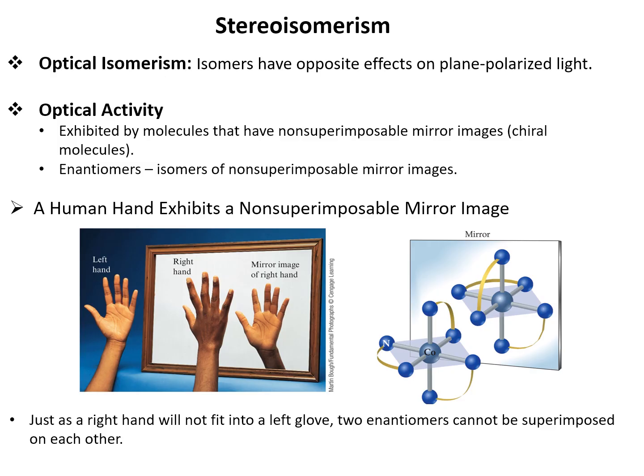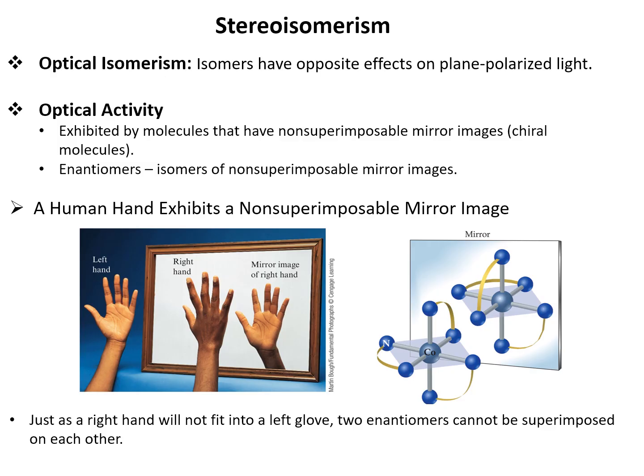Optical isomerism occurs when two structures are mirror images but cannot be superimposed. These kinds of molecules are called chiral, and the two forms are called enantiomers. If we take our hands, they are non-superimposable and mirror images of each other, so they are an example of enantiomers.